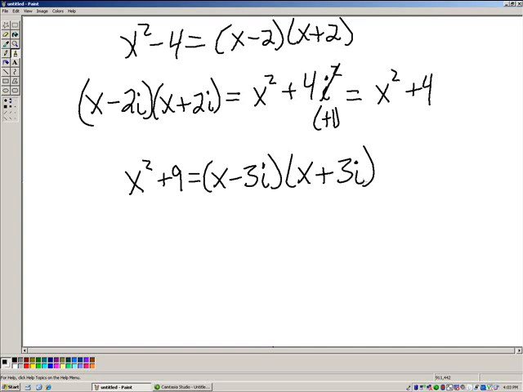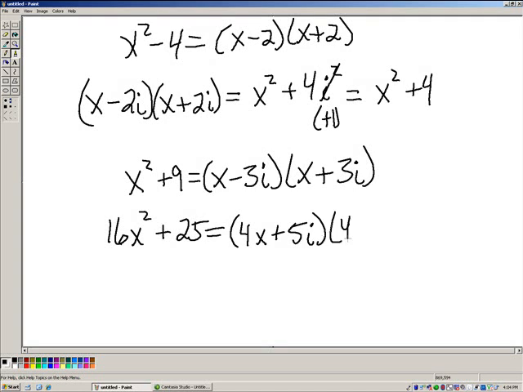If we do 16x squared plus 25, the rules are the same. All we need to do is add an i on the end. So the roots with the same function would be 4x and 5i, and then 4x minus 5i. Everything remains the same. All we need to do is put an i at the end.